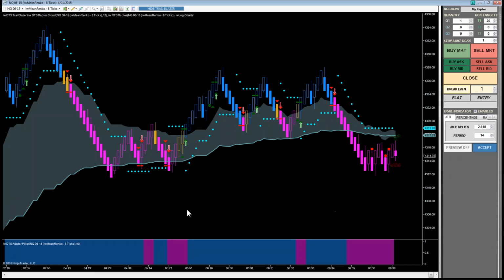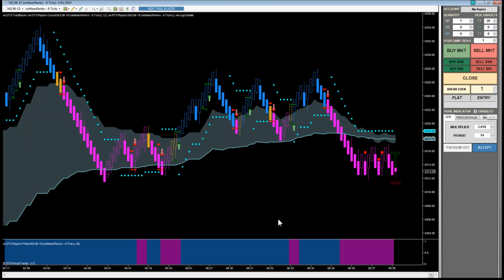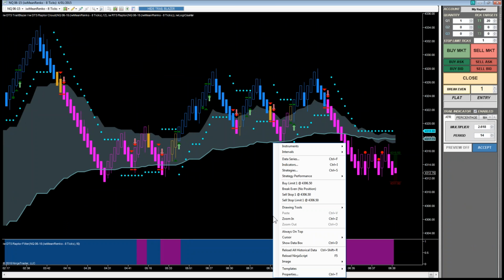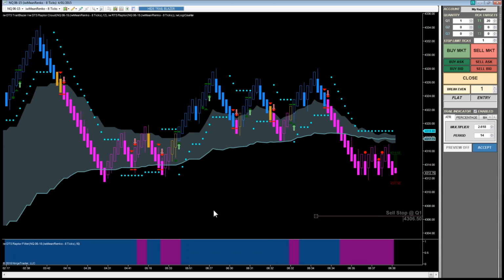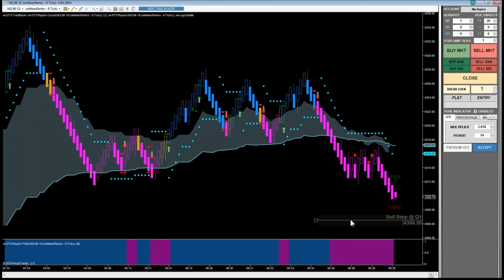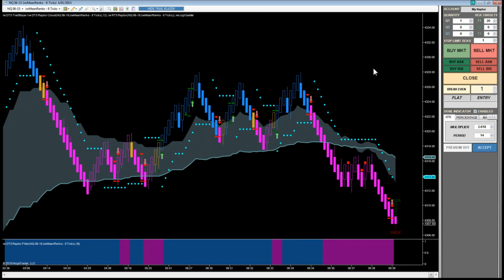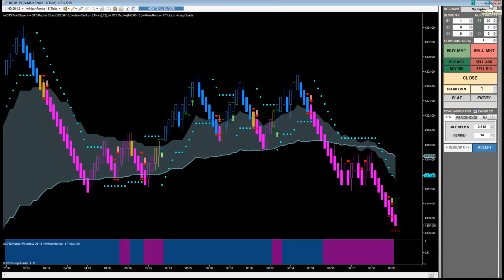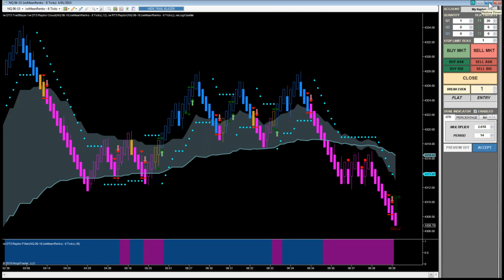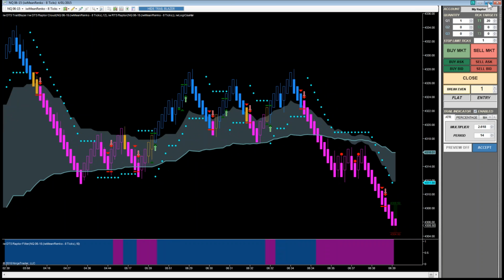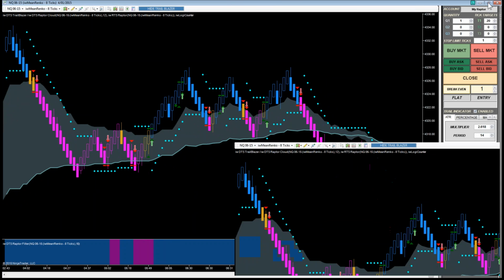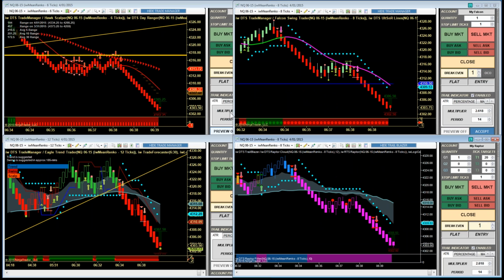Now the Raptor is a little bit different than the other tools in that we manually enter the trade this way, and once the trade is entered, it's actually live. You've got to be careful where you put it down because it is live as soon as you put it on your chart. I tend to try to put it away and then roll it in, but the market is moving a little bit quickly.